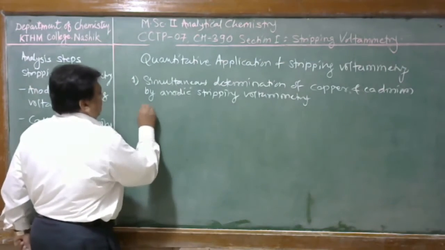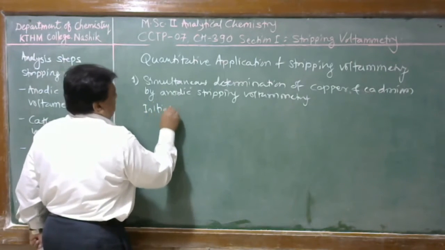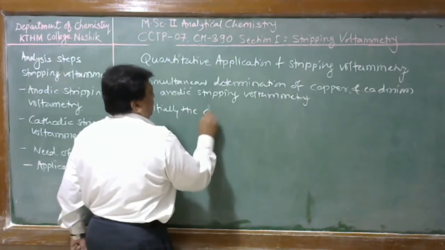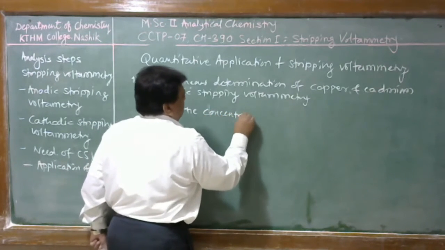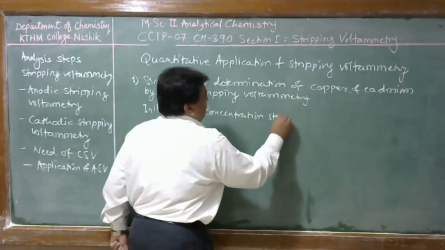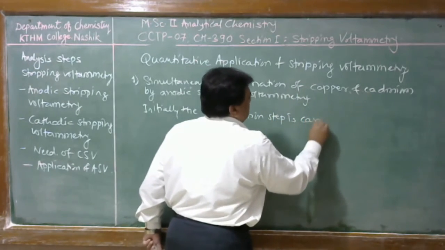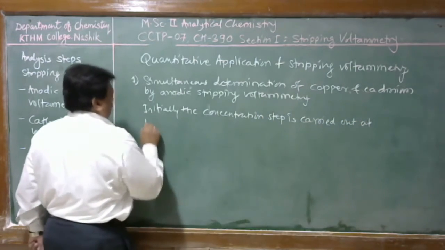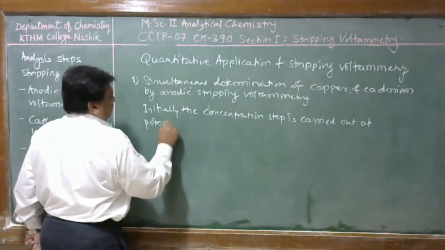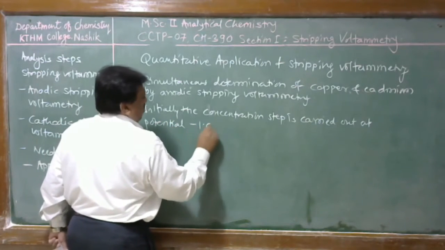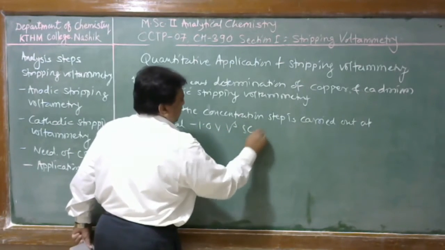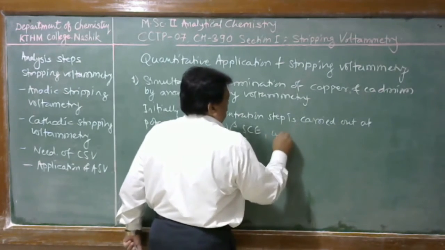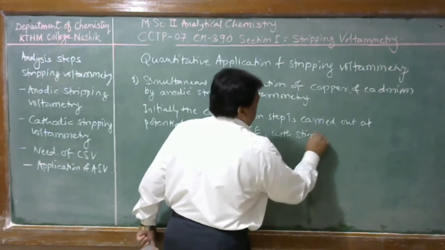Initially, the concentration step is carried out at a potential of minus 1.0 volt versus saturated calomel electrode with stirring of the solution.